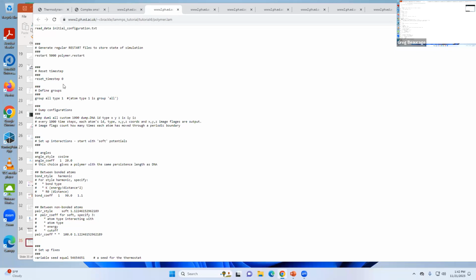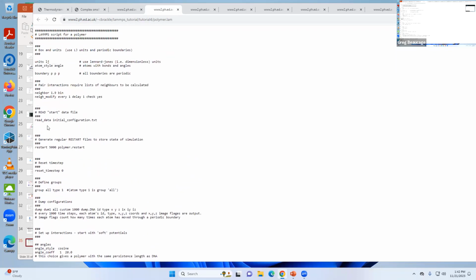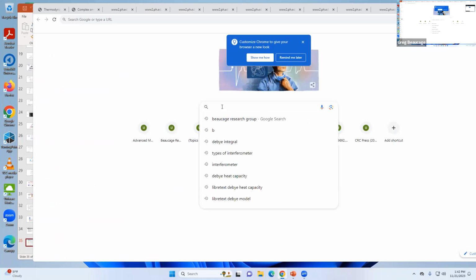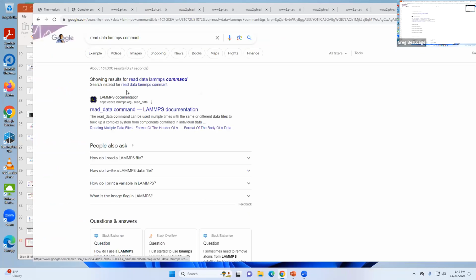For any of these commands, like read data, anything in here, you can just go to the LAMMPS webpage and look up the read data command. Everything is there in multiple places.